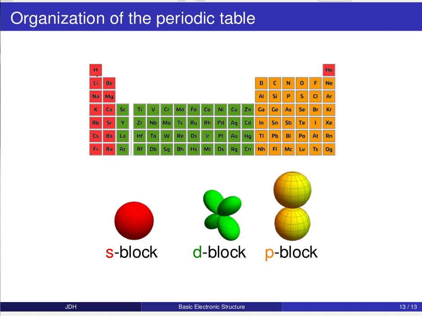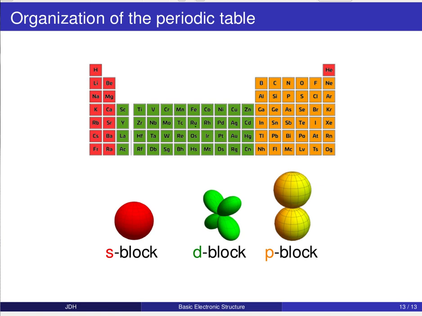It's because the periodic table is arranged so that the elements that have electrons going into a given shape orbital as their highest energy are all grouped together. And so we call the elements way on the left here the S block elements, all in red, because you're putting electrons into S orbitals for the highest energy.